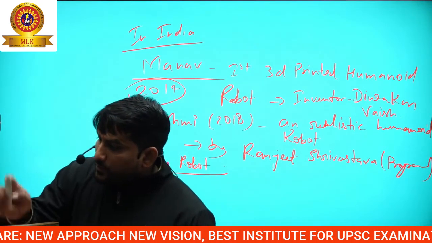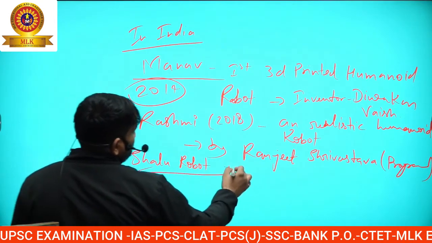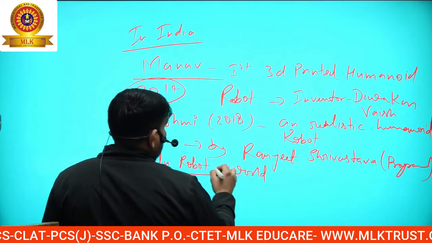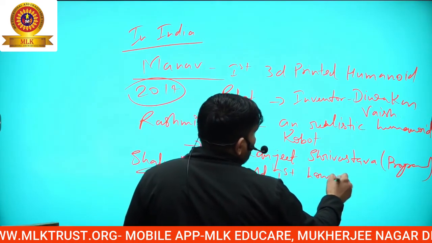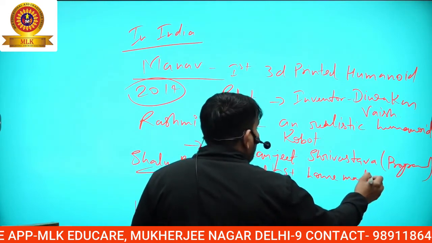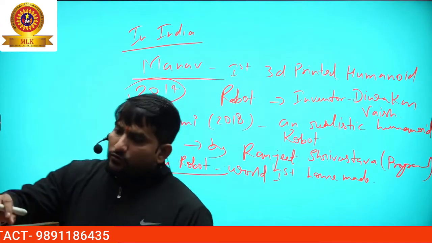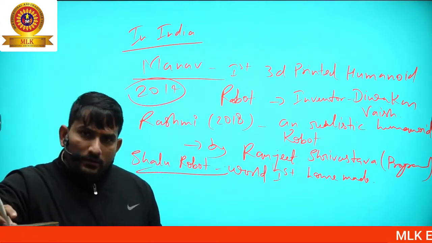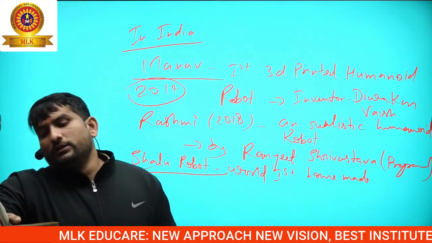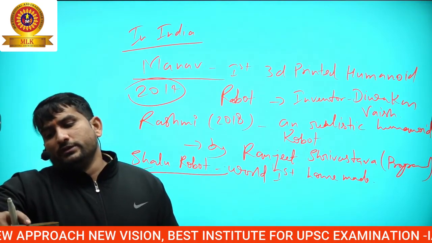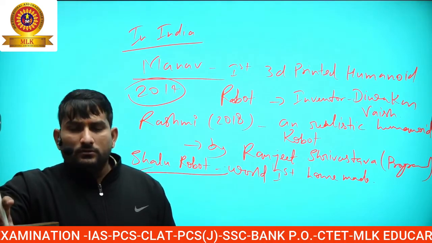Understand this, it is a world first homemade. That means no funds, no grants were allowed by the government to the inventor. No firm, no companies were involved in the development of the robot.